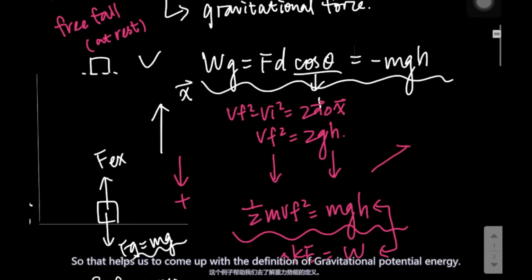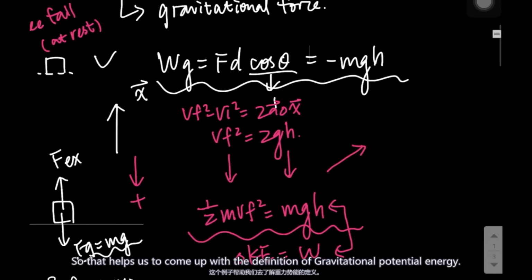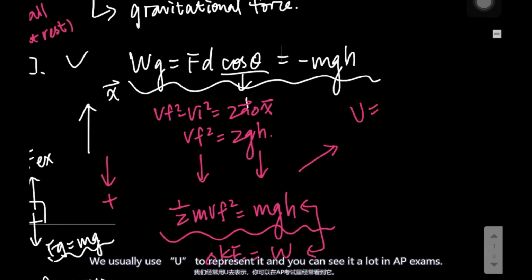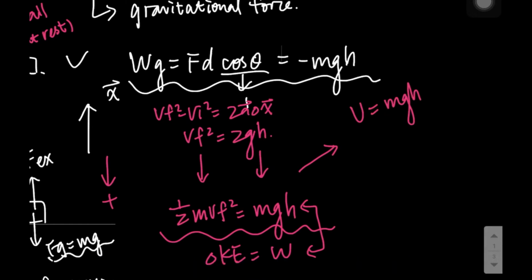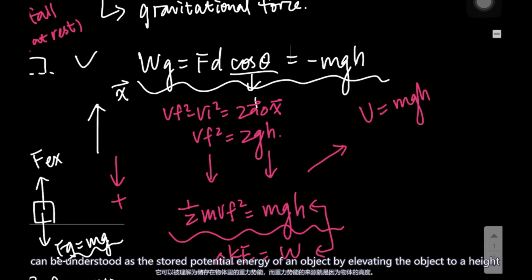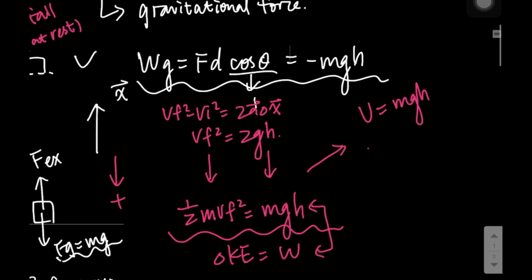So that helps us to come up with the definition of GPE. We usually use U to represent it, and you can see it a lot in the AP exams. It can also be understood as the stored potential energy in an object by elevating the object to a height h.